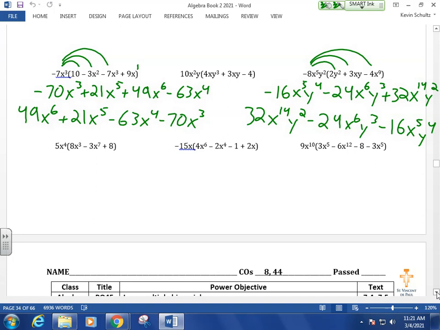Sir? For the last one on the bottom row, there's 3x to the 5th and negative 3x to the 5th. If they both have the same exponent, does it matter which way you put them in the equation? So if they both have the same variables, the same power, what are they? Like terms. And what can we do with like terms? Combine them. What does a positive 3x to the 5th and a negative 3x to the 5th equal? 0. They actually end up canceling out.